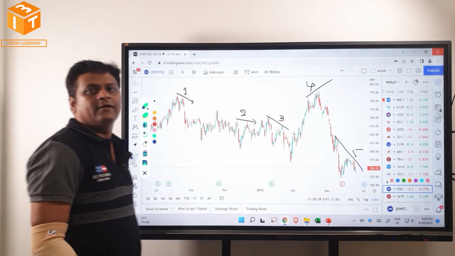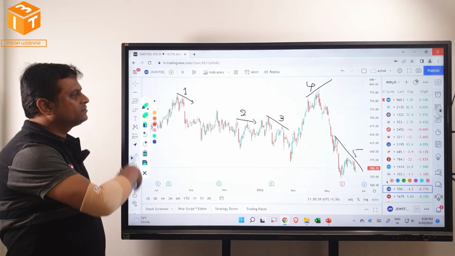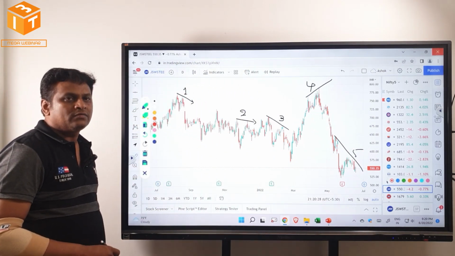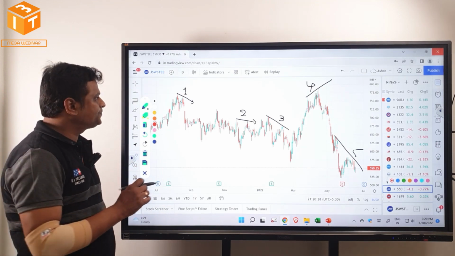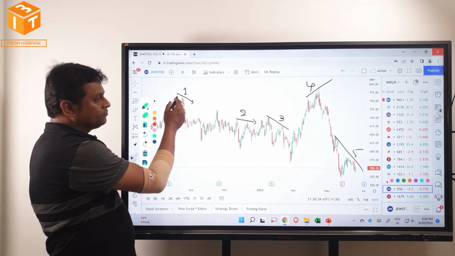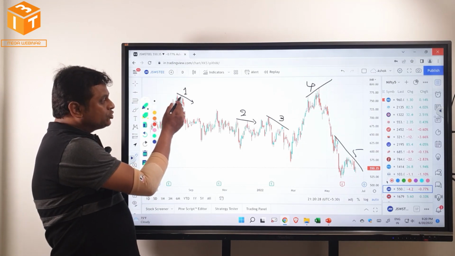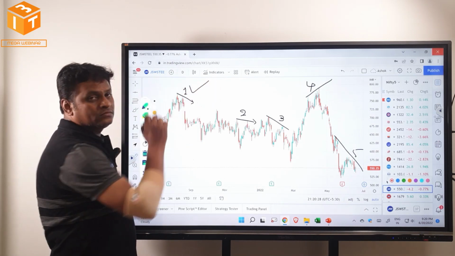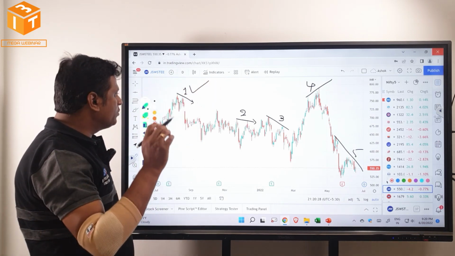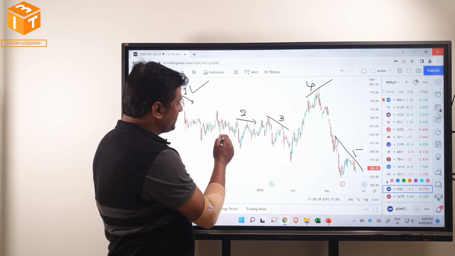Can I draw this trend line? Let us review one by one. Watch out carefully. Check out what is right, what is wrong. Here, H1 is greater than H2. L1 is greater than L2. So this is a good downtrend line.